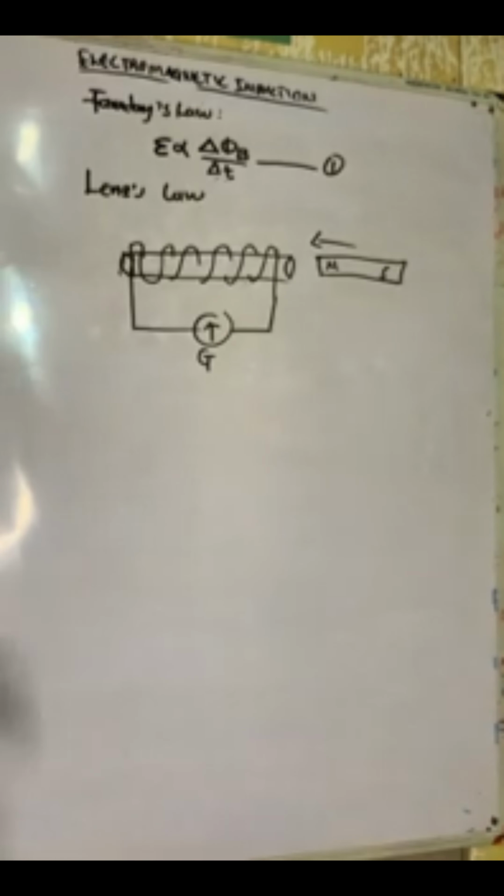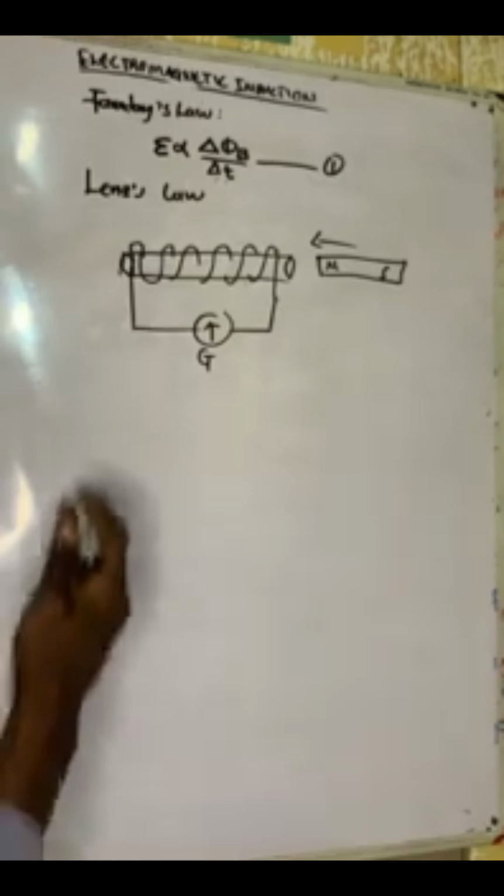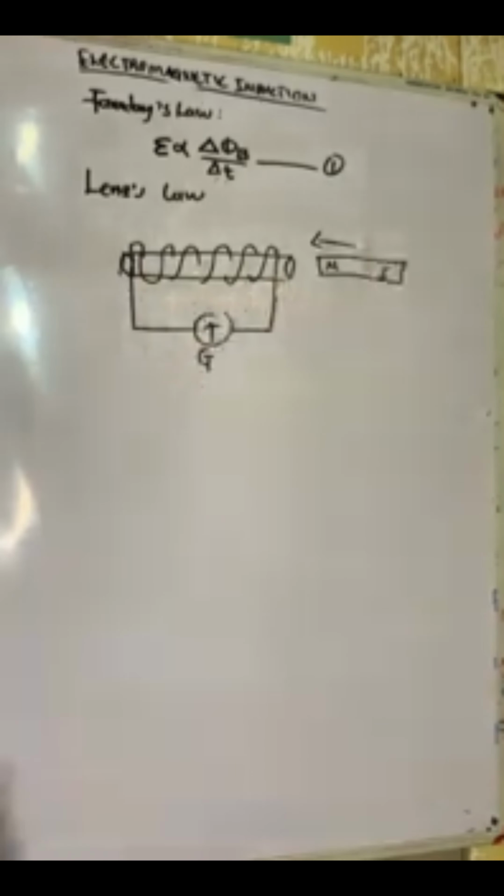Lenz's law about electromagnetic induction is saying that the direction of flow of an induced EMF is always towards a direction as to oppose the effect of the magnetic flux.